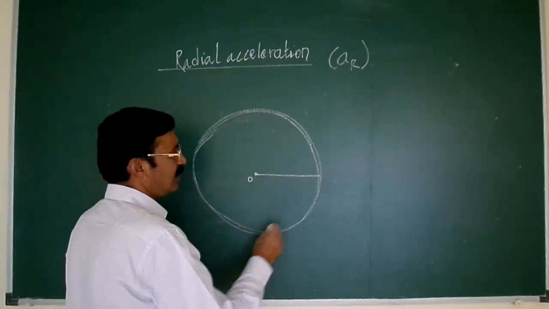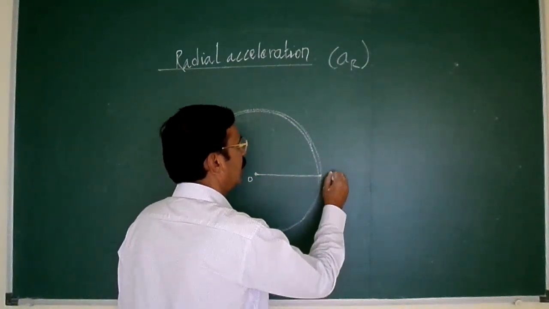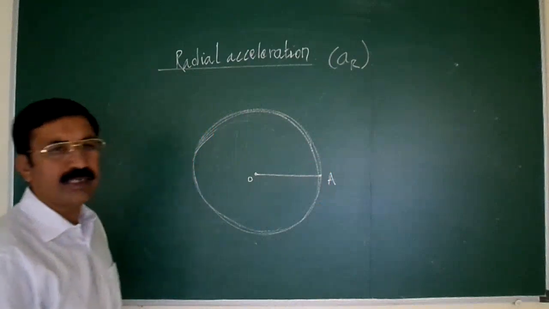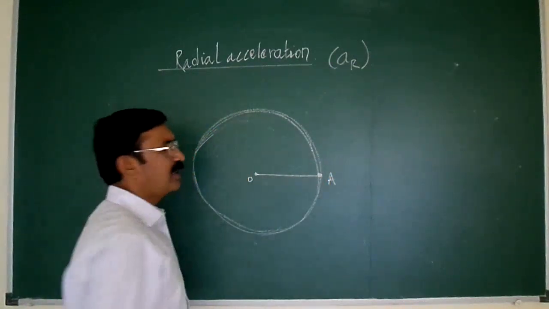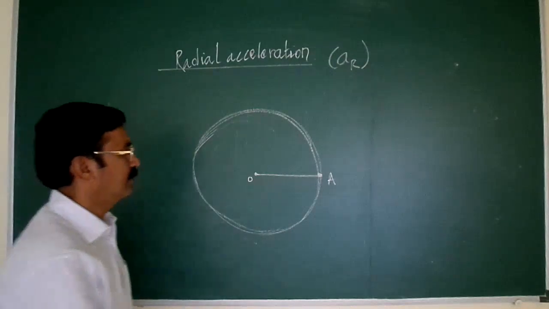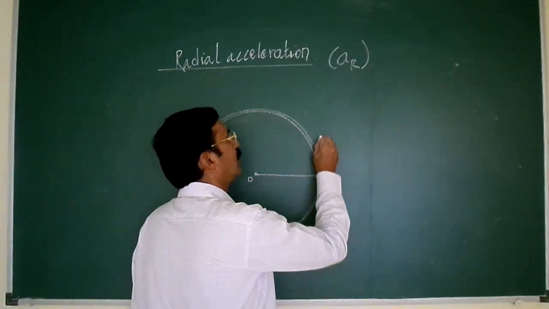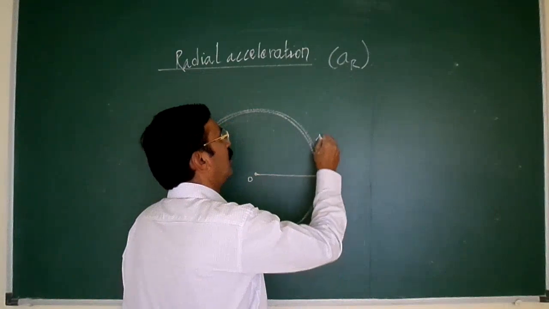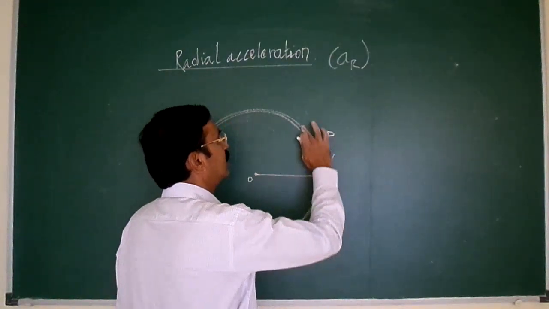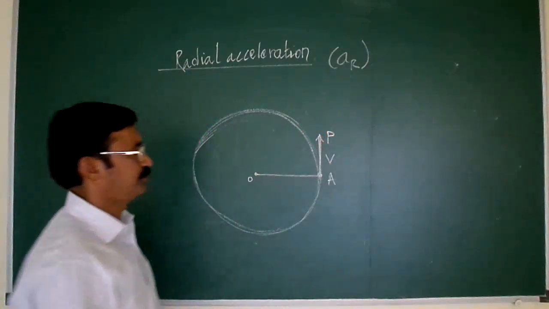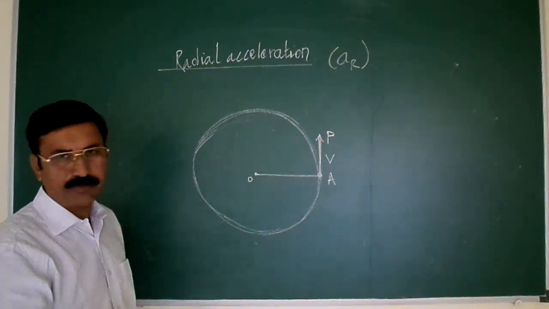O is the center of the circle, A is the initial position of the particle on the circumference of the circle. Let vector AP represent the linear velocity v in its initial form.